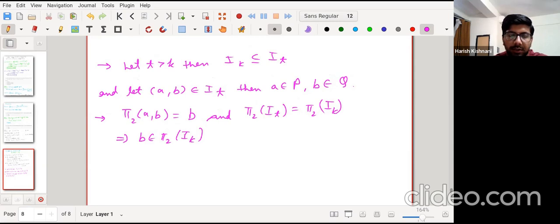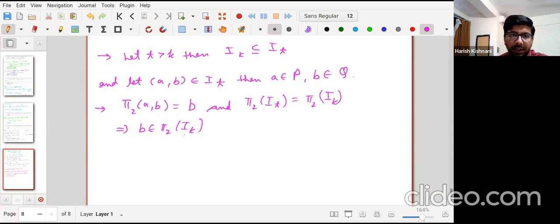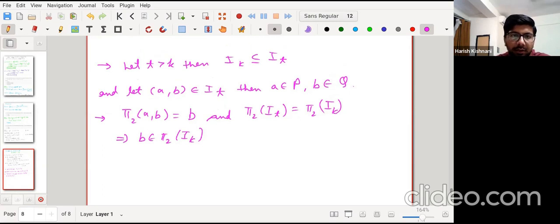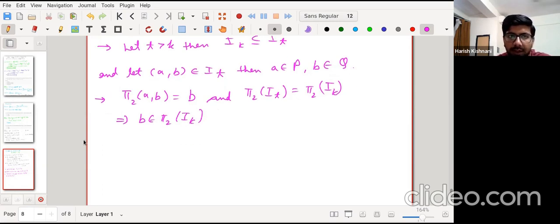Okay, so what can you say now? Now consider this element. We somehow have to use the intersection one also. Just give me a second. Intersection A. Okay.